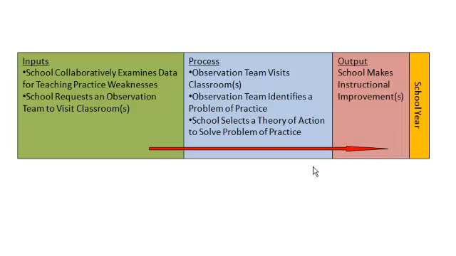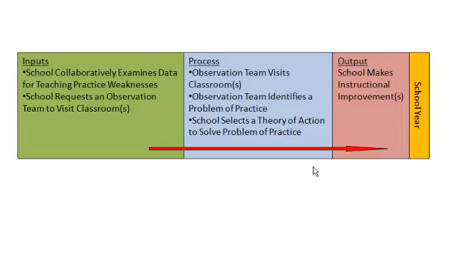Whatever the focus happens to be, the school begins to look at that data, examine it, analyze it, and understand it, with the idea that the school is trying to identify where there may be some weaknesses collectively in teacher practice.